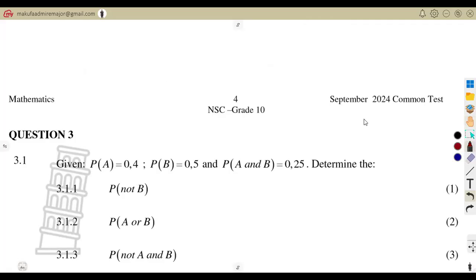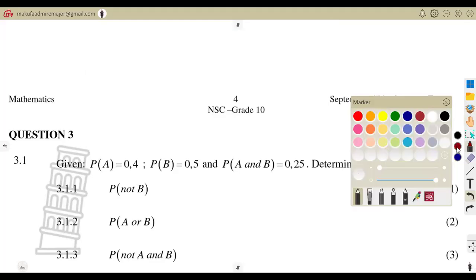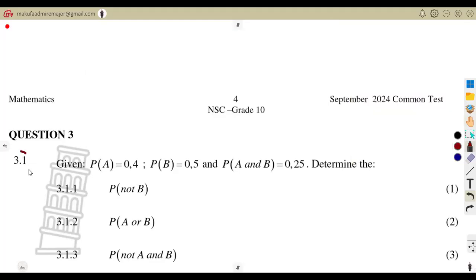Let's see if it's going to work. You are given there on 3.1, the probability of A is 0.4, the probability of B, and the probability of A and B, meaning the intersection of A and B. Determine 3.1.1, the probability of not B.